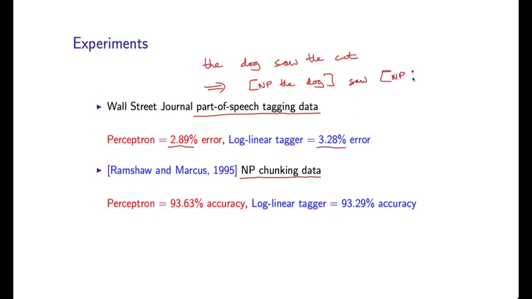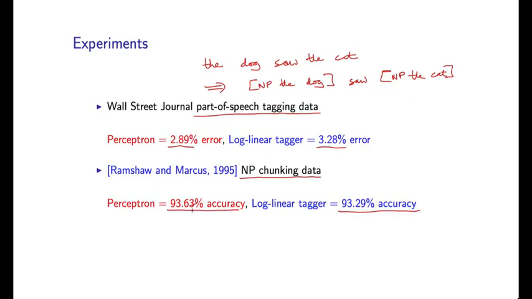So these very low-level noun phrases like the dog or the cat. So this is a segmentation problem in the same way that named entity recognition is a segmentation problem. And it can be treated as a tagging problem, the same way that named entity recognition could be treated as a tagging problem. So in noun phrase chunking, again, we see similar levels of accuracy, but perhaps slightly higher accuracy for the perceptron.